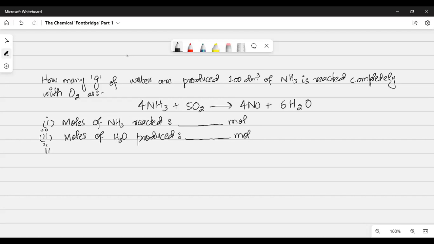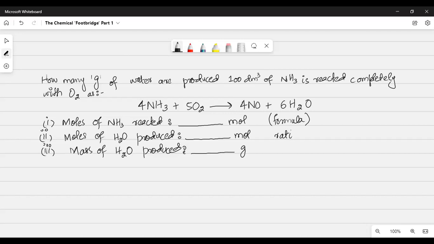And number 3, mass of water produced, and that is in grams. I'm also going to help you with this: this is a formula step, you are going to apply a formula over here.